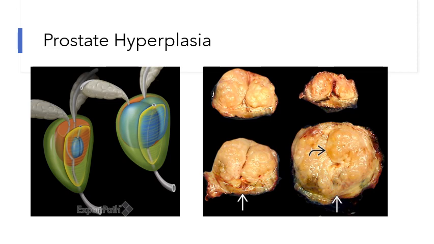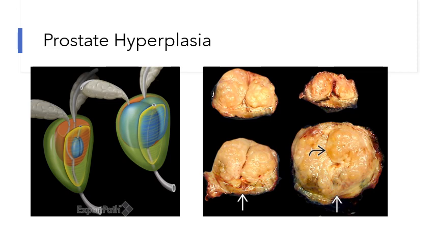And again, there are some axial slices of the prostate gland to show that. If we look, for instance, at the image on the bottom left, the arrow there marks the little bit of the compressed peripheral zone, and we can see that the central zone has been enormously expanded by these nodules of hyperplastic prostatic tissue.